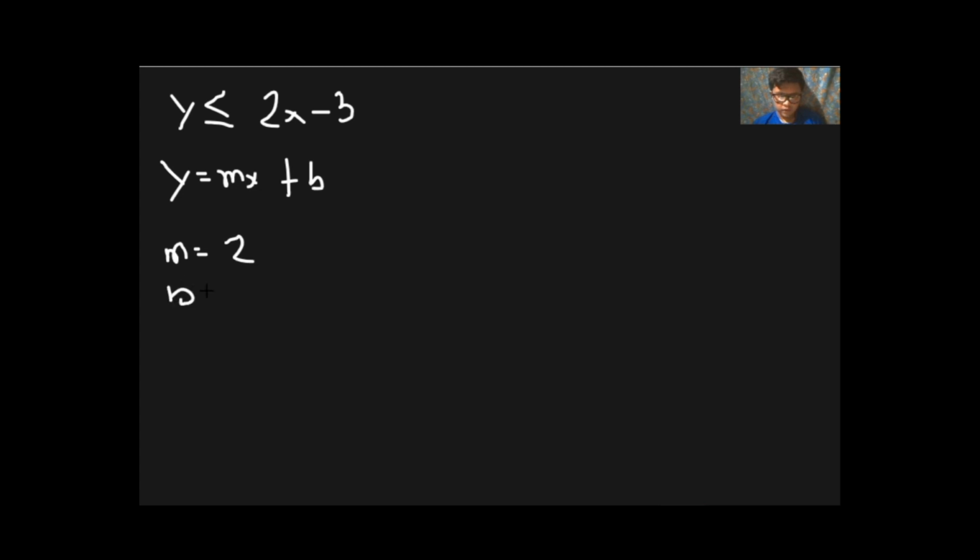Another sample problem: y is less than or equal to 2x minus 3. With the same method, we're going to use y equals mx plus b, where m is 2 and b is -3.